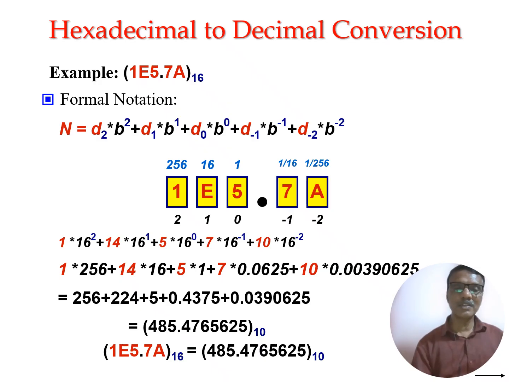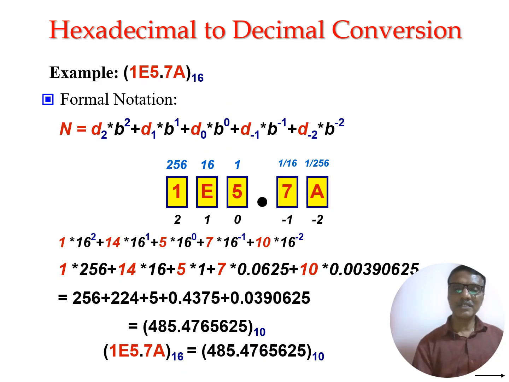So 14 into 16 power 1 plus 5 into 16 power 0 plus, after the decimal point, 7 into 16 power minus 1, and then here A. So A we can't directly multiply, so its equivalent value is 10.